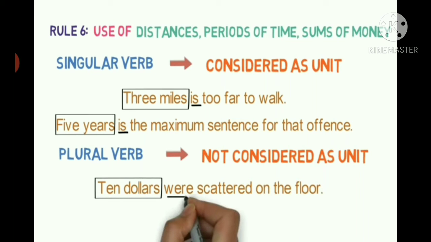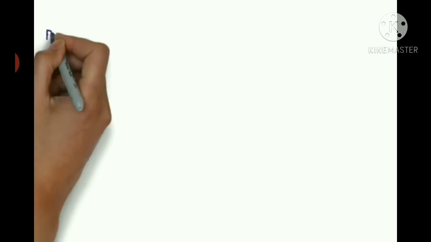Now dollars, name of currency. So that is why we are going to see the rule. That is, for plural subjects, we are going to use plural verbs. That is why dollars, and it is plural in number. That is why we have used plural verb, were.